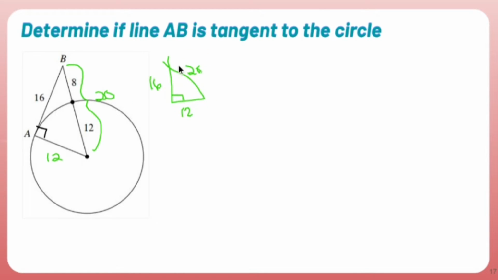I'm going to use the converse of the Pythagorean theorem to show that this is a right triangle. I'm going to label the legs A and B, and I definitely have to label the longest side C, and I have to make sure that A squared plus B squared is for sure C squared.